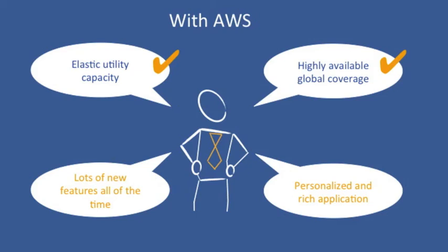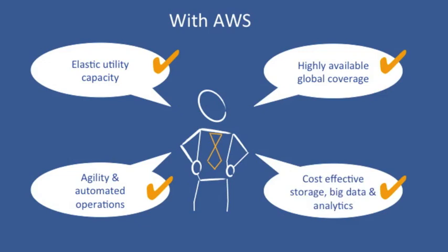They want lots of new features all of the time, so the ability to do highly agile operations and automate things like the rollout of new application versions on a consistent and continual basis with AWS automation, and a personalized and rich web application experience, cost-effective storage of vast amounts of data that then can drive big data analytics with things like Hadoop or cluster compute instances to drive the insight to give that highly personalized experience from a user, even after very few interactions with your web applications.